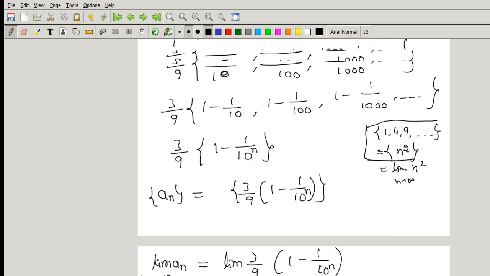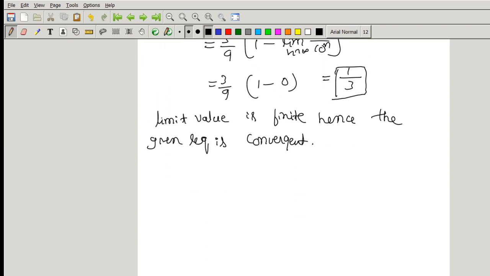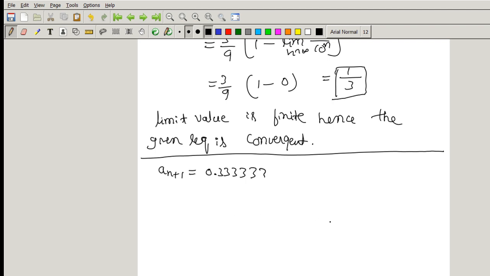Alternatively, we can use the bounded as well as monotonically increasing condition. If you check for monotonically increasing, an plus 1 is 0.3333, and an is one term lesser.